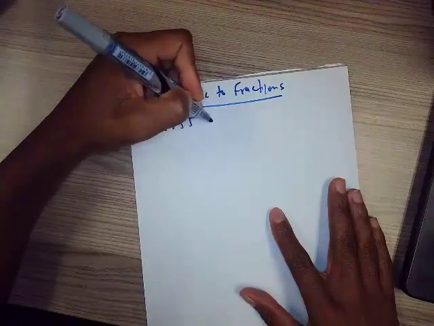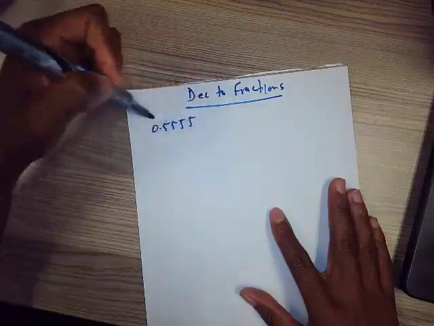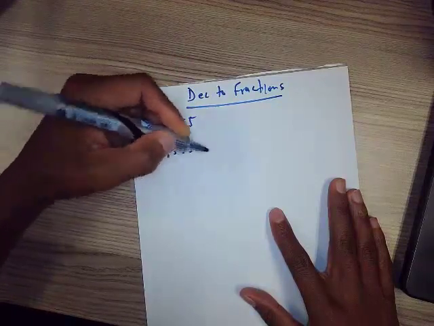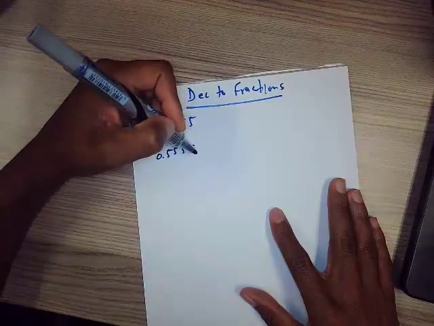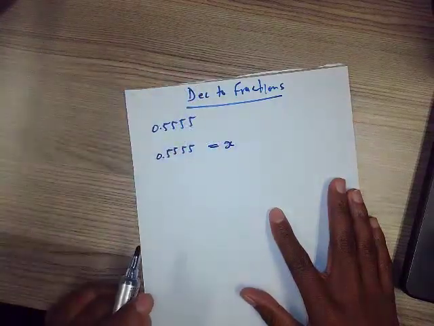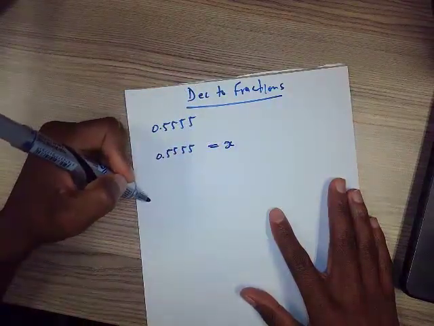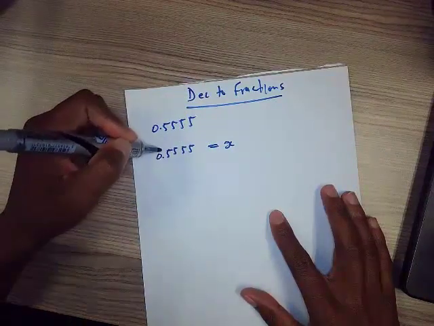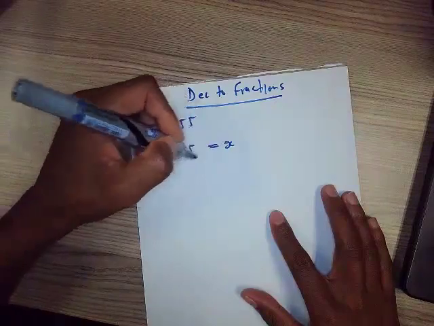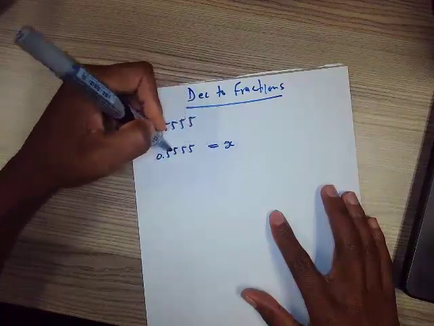What you do is you go 0.555 is equal to x. Then you multiply both sides by 10.